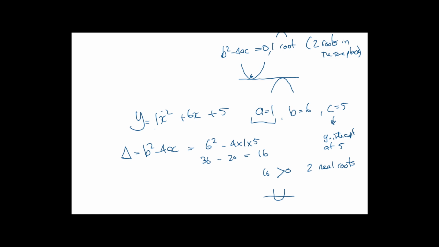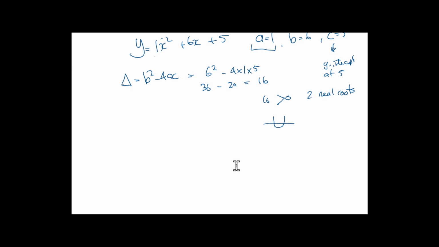Now the question is, where does it cross? Let's solve that using the quadratic formula. It's going to cross where x is equal to minus b plus or minus the square root of b squared minus 4ac, all over 2a. This plus or minus confuses students. It means we do it twice, once for adding, once for subtracting.